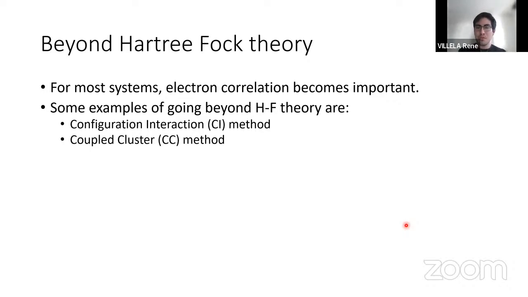Some examples of these beyond Hartree-Fock methods are the configuration interaction method and the coupled cluster method. Both of these methods are based on, okay, we start from the Hartree-Fock state and we consider excitations of this state to virtual higher order orbitals. Both of these methods are based on that idea.